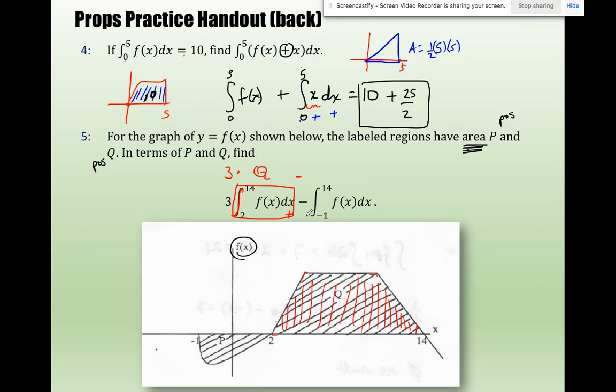well, look at this. Going from -1 to 2, no, I'm not stopping at 2. I'm continuing all the way on to what? 14. I'm going to break this up using that additive property.